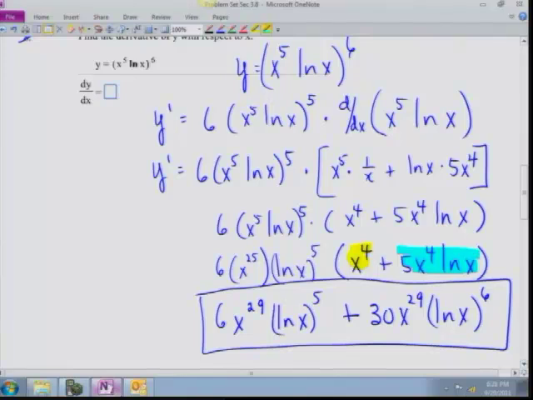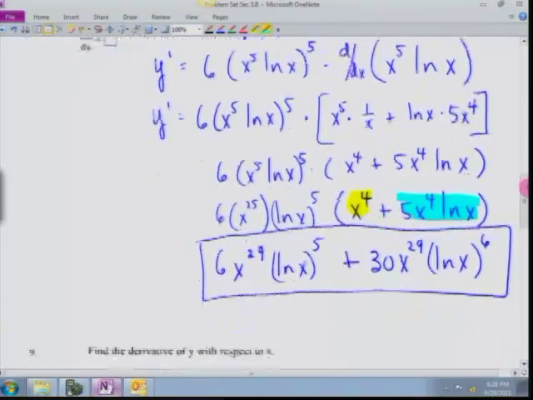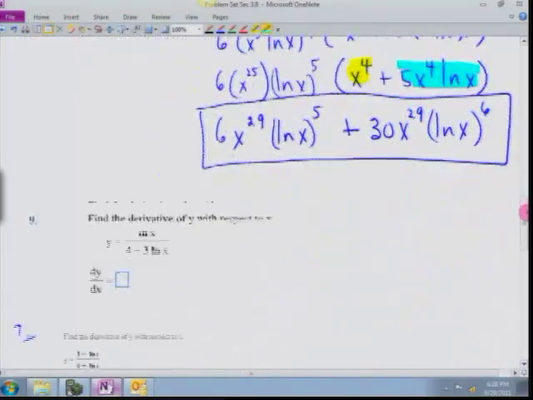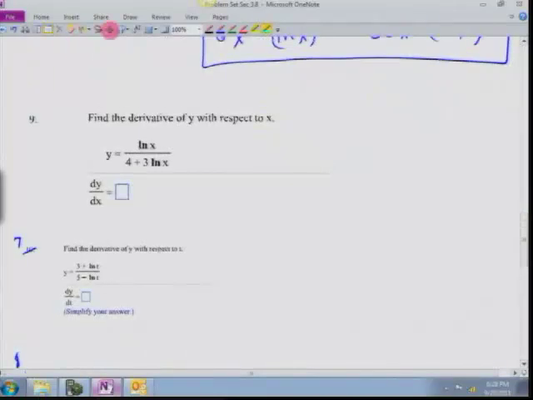Yeah, ln x to the 5th. Oh, yeah, it is. It's all just right there. Okay. We're not absolutely certain whether we are missing a term or not. All right.